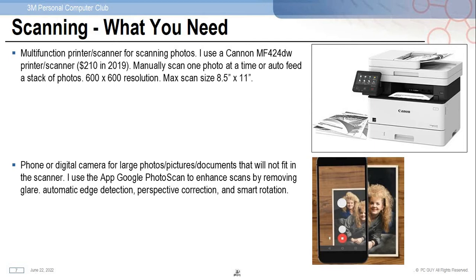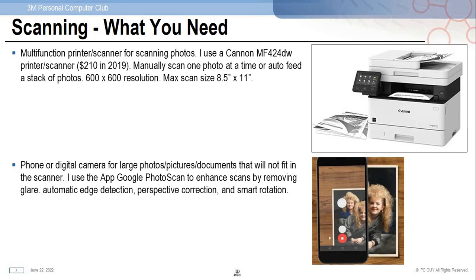Now you may have photographs that are bigger, or maybe they're in a frame, or they're artwork from when a relative or somebody was younger and made it in first grade and you kept it all these years, that may not fit into the scanner. One of the things you can do is use your phone or digital camera to take a photograph of that artwork or framed photo, and there are applications that make it easy to do.